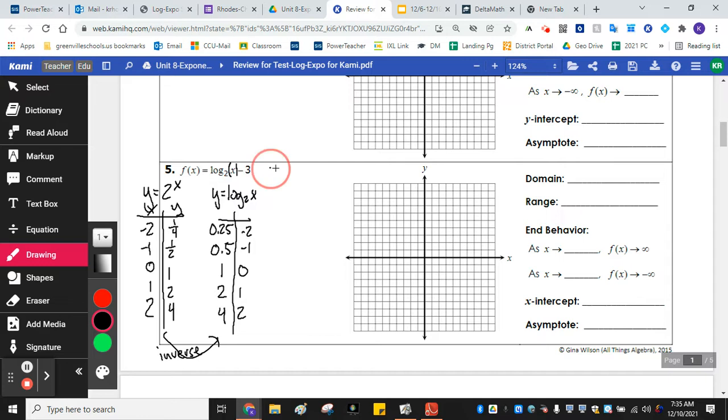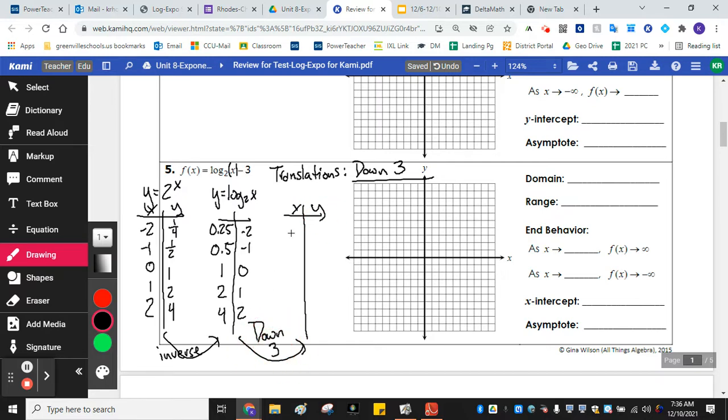And then your translations, you have to know. I will ask for your translations. Down 3. So down affects the y's. So I'm going to subtract 3 from all my y's. So is that -2, down 3, -5. Down 3, -4, -3, -2, -1. Okay, remember your log asymptotes are at x equals 0 unless it moved right or left at all.